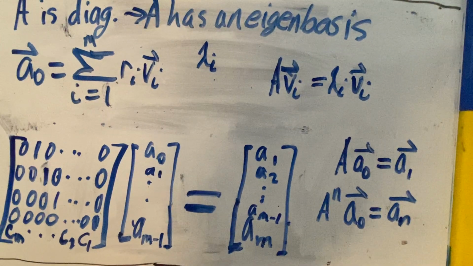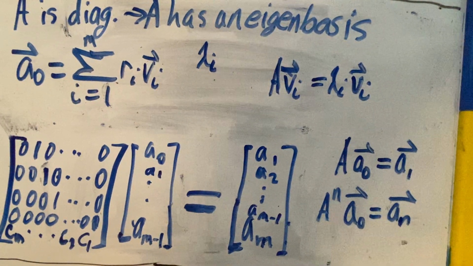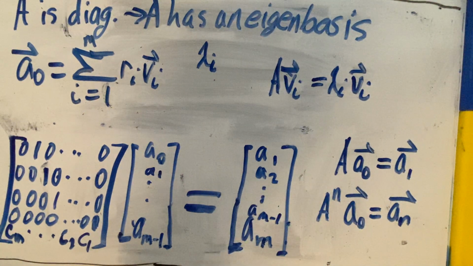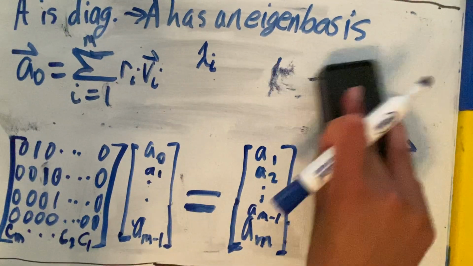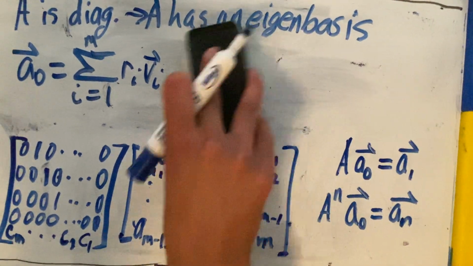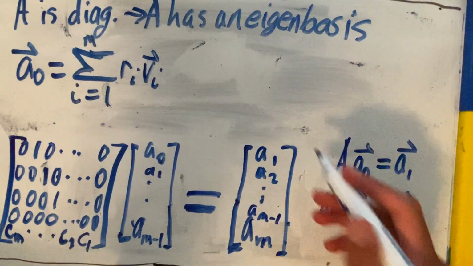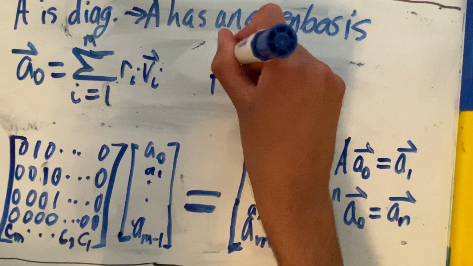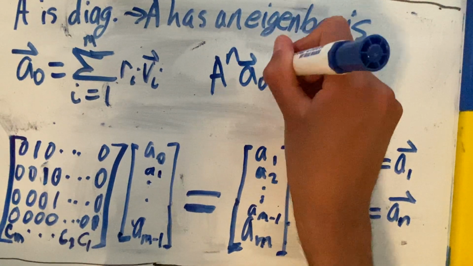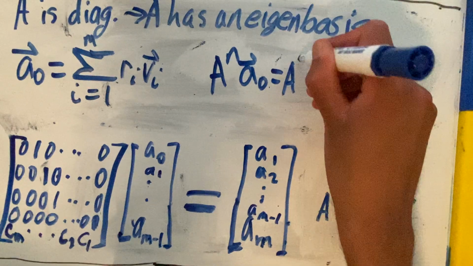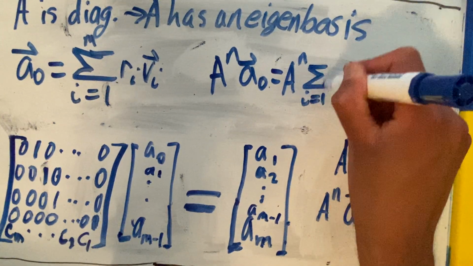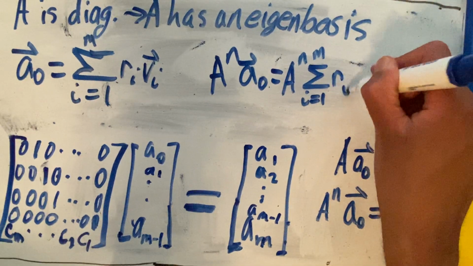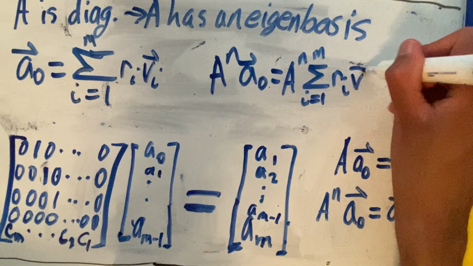Now this is where we get to the really useful aspect of what looking at linear algebra does for this recurrence relation problem. It allows us to say that A to the n times A0 equals A to the n times the sum from i equals 1 to m of r_i times v_i.